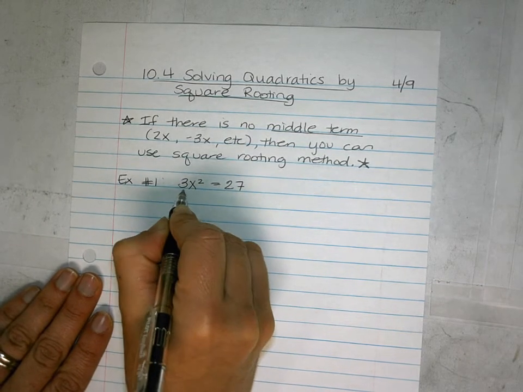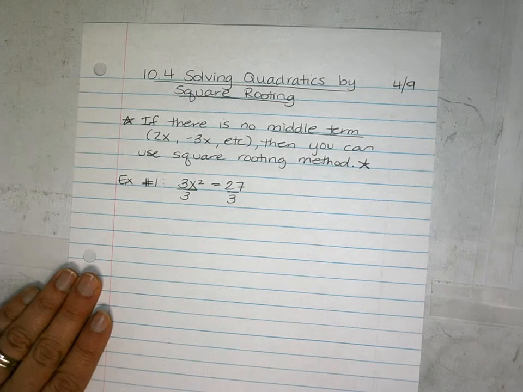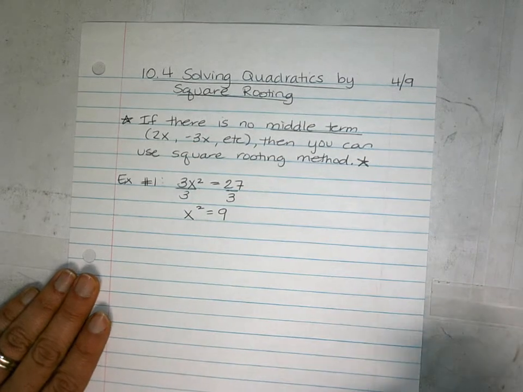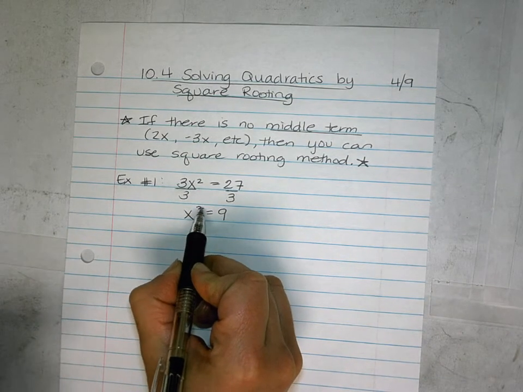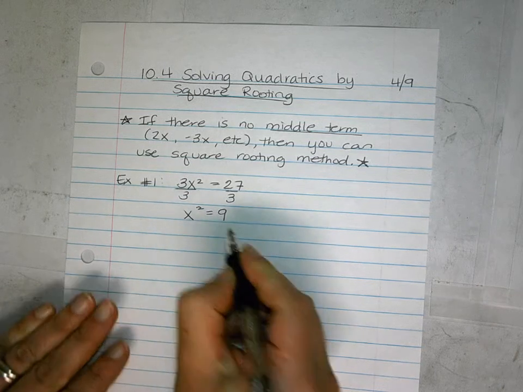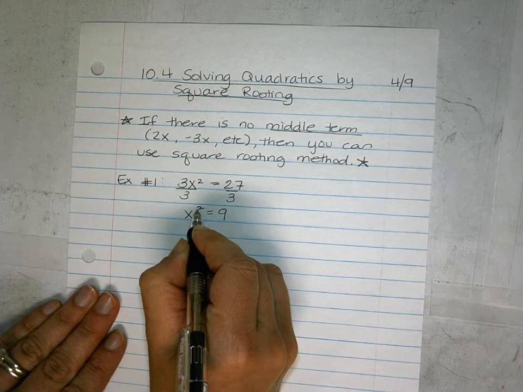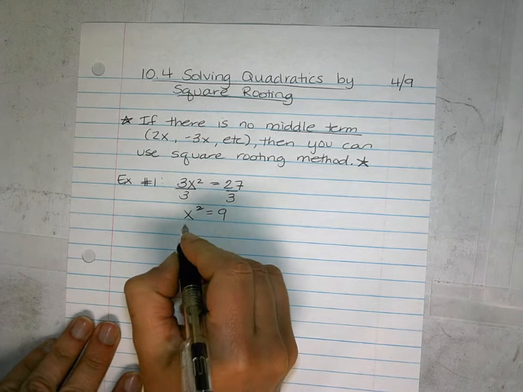So we isolate the x squared by first dividing both sides by 3, and we get that x squared equals 9. At this point, let's stop and think. This means that some number times itself gives you 9. What we're going to do is the opposite of squaring, and the opposite of squaring is square rooting.